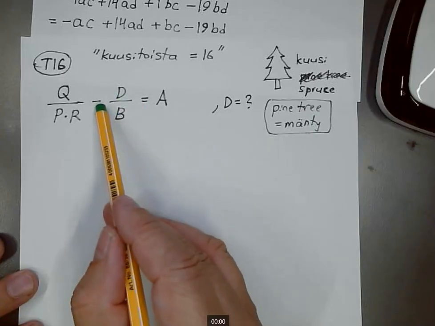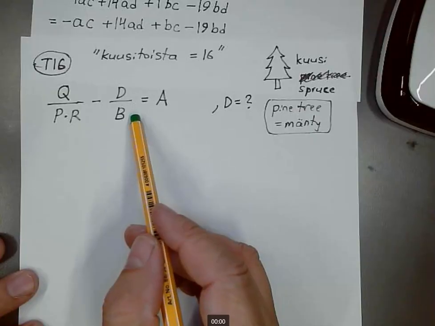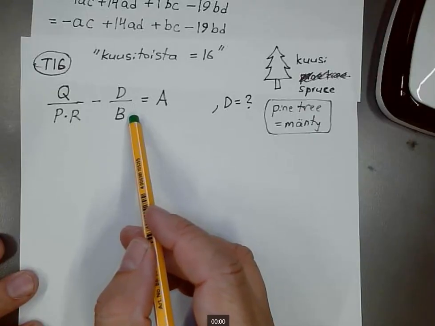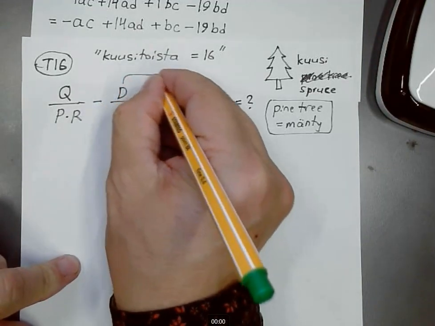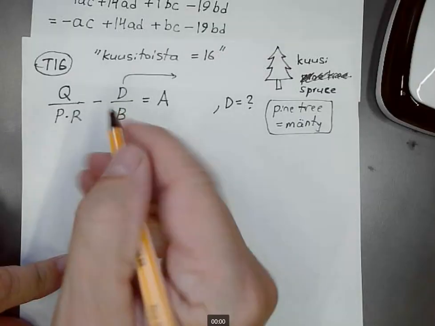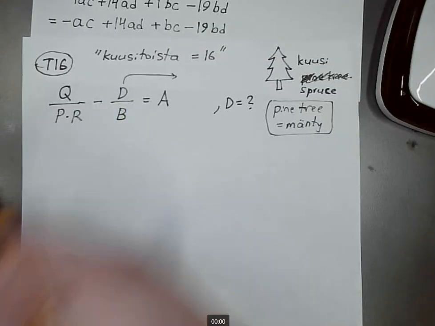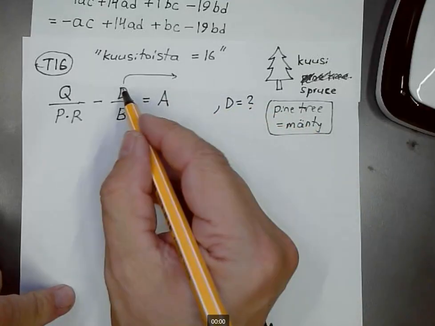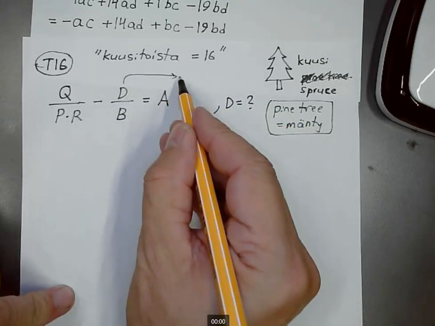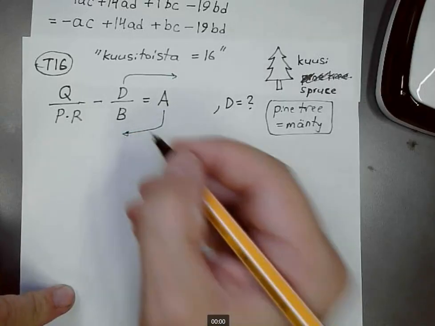But there is a minus sign in front of this fraction, so I would move this part to the right hand side, because with this I will get a plus sign here. It is more comfortable to have a plus sign there than a minus sign. And then if I move this part to the right hand side, I have to move this A to the left hand side.